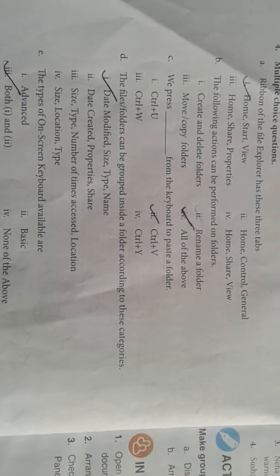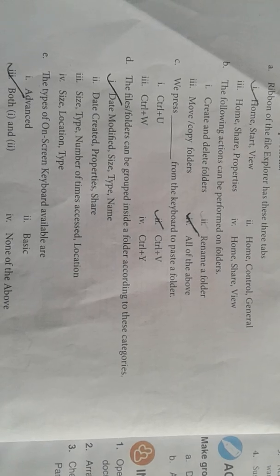It's up to us: date modified, size, type and name. So by default they are categorized like this: date modified, size, type and name, right? So these are the categories according to which files and folders can be grouped inside a folder.